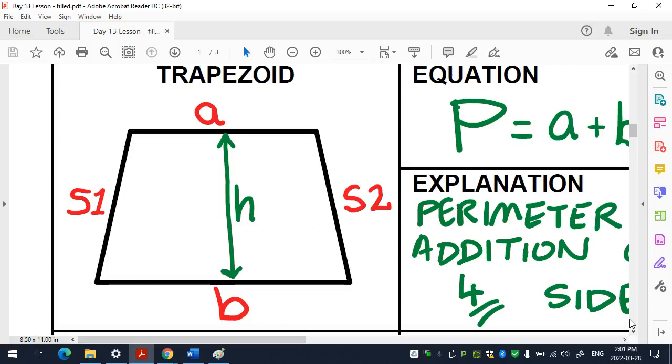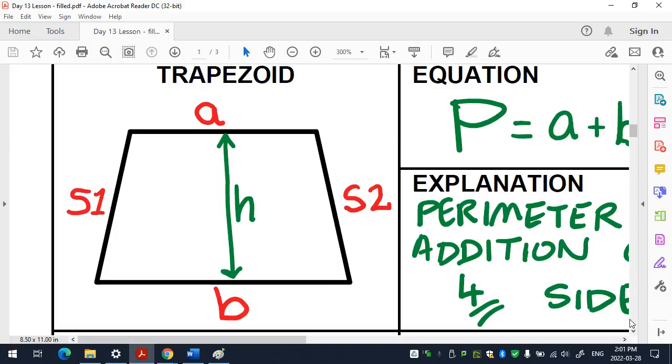Okay. Here's a trapezoid. 4 sides. Why do you think I'm not calling the top and the bottom side S3 and S4? Because, question everyone: if I hold two pencils like this, what do you call two lines that look like this? Everyone, eyes on me.